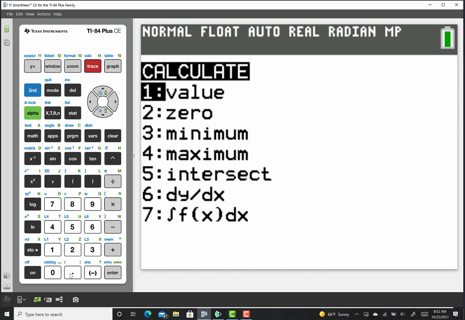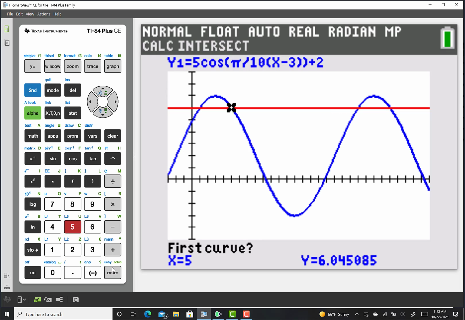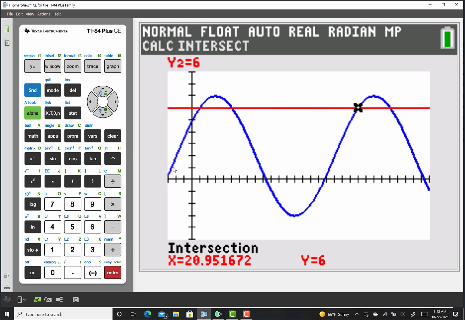Second calculate. Number 5. Enter. 5.048. Put that number in there. And calculate, 5, enter, enter. 20.951, or 952 if you rounded.